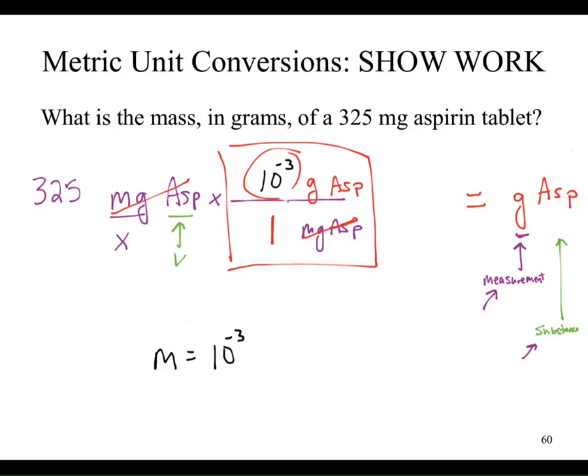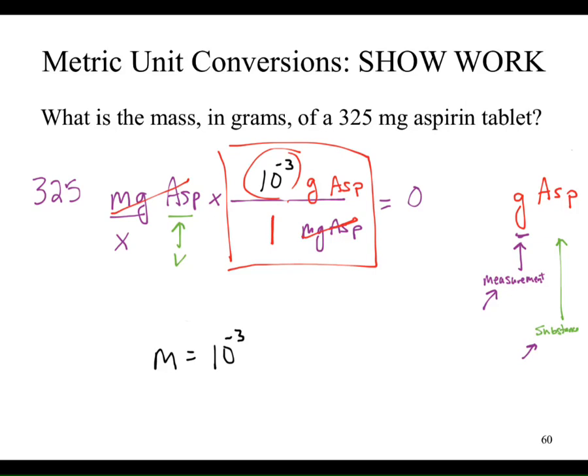Okay? Now that I have my units set up to do my equation, I recognize that I just need to multiply 325 by 10 to the minus 3, and I would get my answer. How that then gets reported, be it in scientific notation or in just decimal notation, is kind of irrelevant for this. As far as an exam goes, it would be important. So we could go through and look at this.